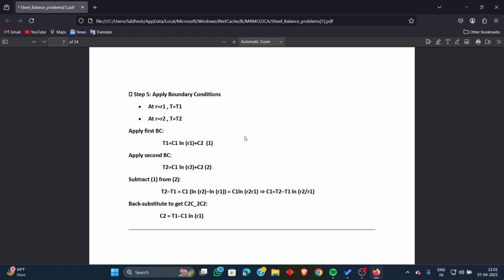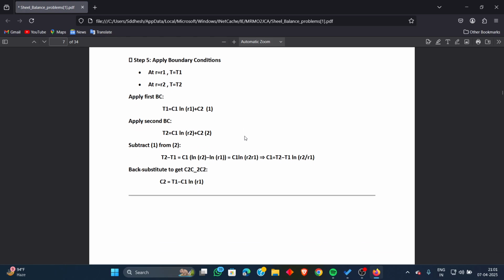Applying the second, T2 is equal to C1 ln R2 plus C2, that's equation 2. Subtracting 1 from 2, T2 minus T1 is equal to C1 (ln R2 minus ln R1), which is C1 ln R2 by R1. That gives C1 is equal to (T2 minus T1) by ln R2 by R1.